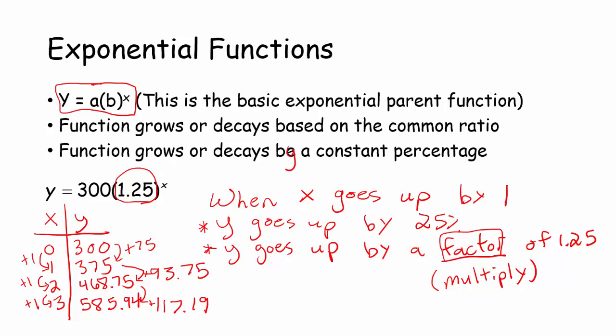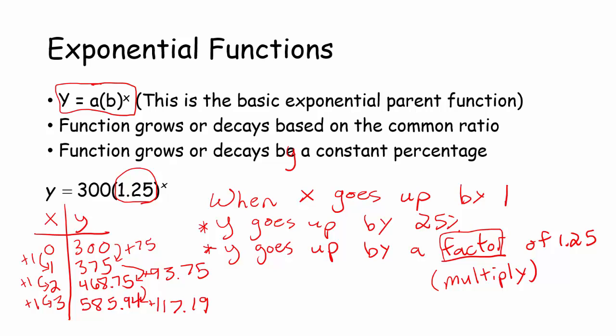So again, when you're going up by a constant factor, that factor is constant, but the rate of change is not constant. Because if you're sitting at 468.75, you multiply that by 1.25, that's going to be a bigger increase than when you multiply 300 by 1.25.